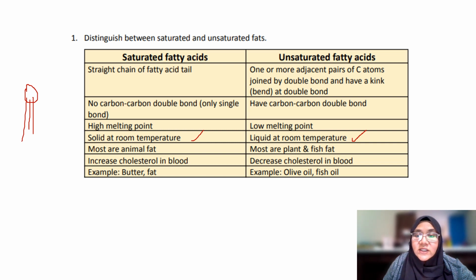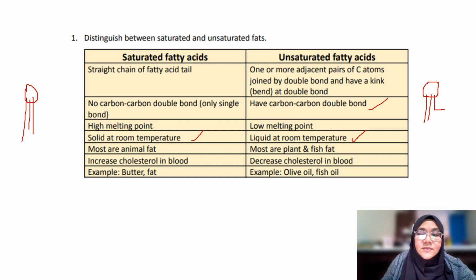The other point that we can distinguish between these two types of fatty acids is the structure. The saturated fatty acids have no kink, no double bond. However, the unsaturated fatty acid has a double bond, so it gives a kink, and this causes them to be unsaturated. So again, unsaturated have a double bond.